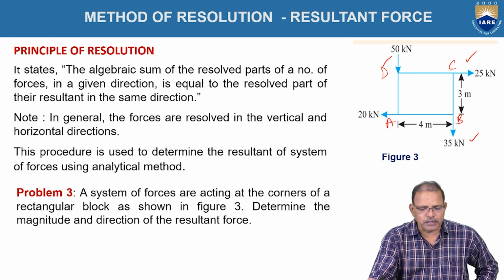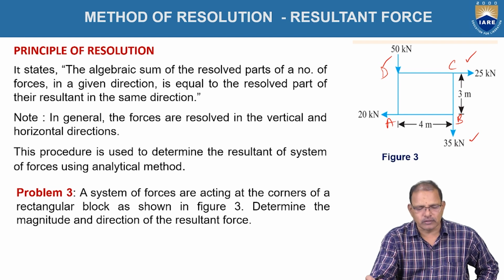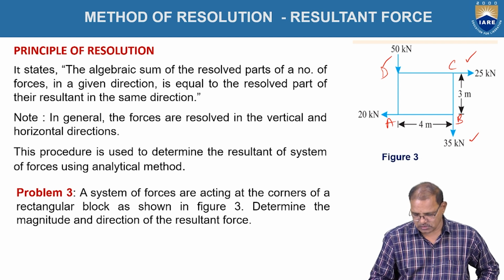Here, the algebraic sum means the forces acting toward the right hand side are treated as positive, and toward the left side are treated as negative forces. For vertical directions, the forces acting in upward directions are treated as positive. The forces acting in downward directions are treated as negative forces.